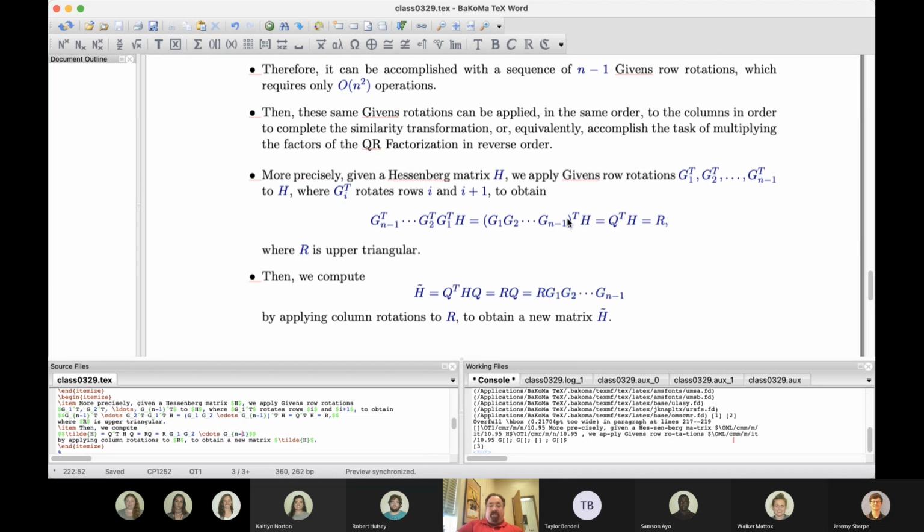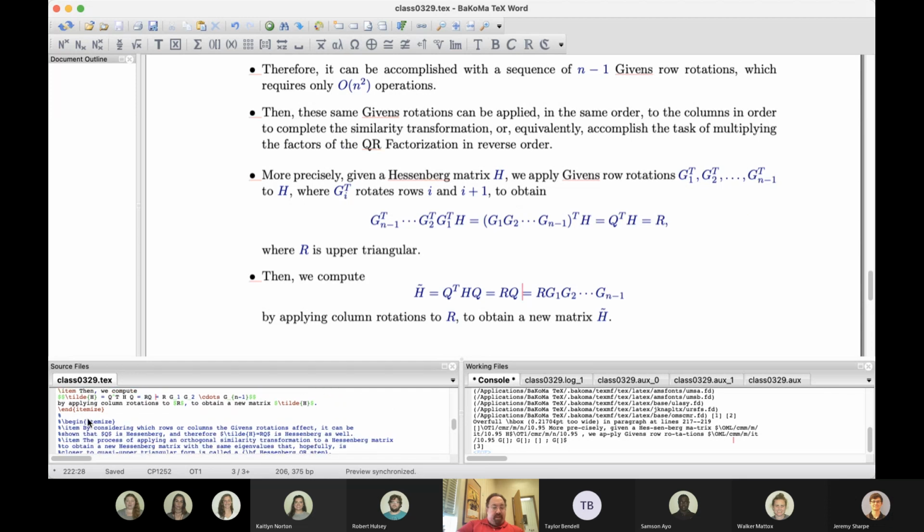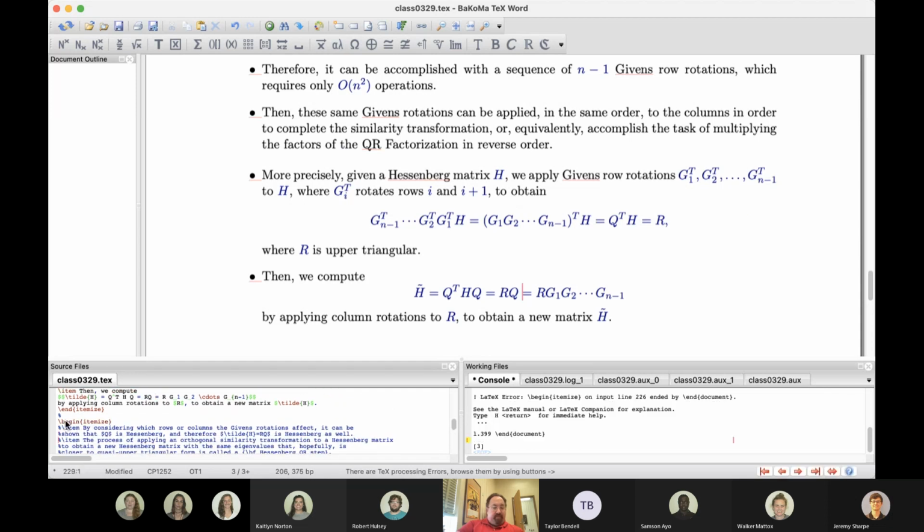So here we have row rotations applied on the left, column rotations applied on the right, and now this matrix, this is upper triangular. This will destroy that upper triangular structure, but it'll still be Hessenberg. So if H comes in Hessenberg, and we do a QR factorization of it and multiply in reverse order, the result will still be Hessenberg.